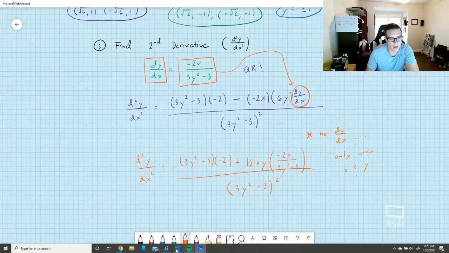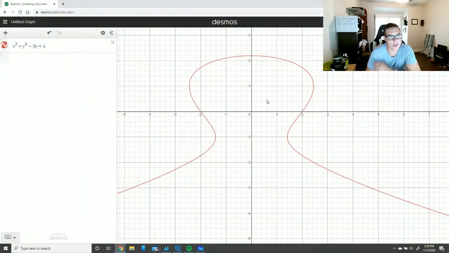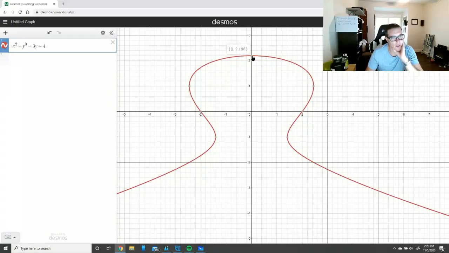And if I look at the graph for a second, the second derivative works the same way in terms of determining concavity. So like at this point right here, for example, 0 and 2.196. When x is 0 and y is 2.196. This appears to be concave down. It looks concave down.